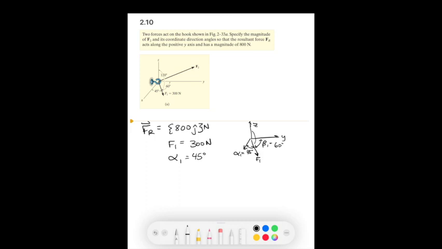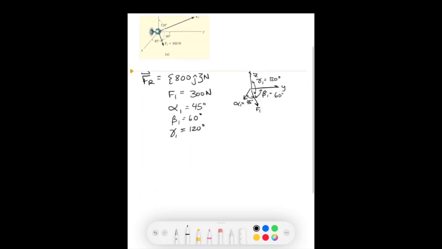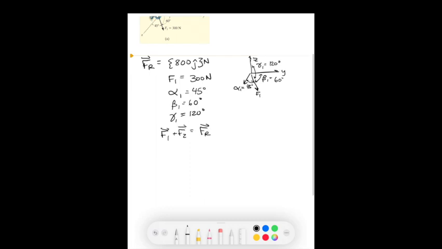And we're also given the gamma, which is equal to 120 degrees. We're told all of that information. So alpha 1, beta 1, and gamma 1, we have information for all of those. Well, we also know that F1 plus F2 is equal to that resultant force. What we want to do now is solve for F1.